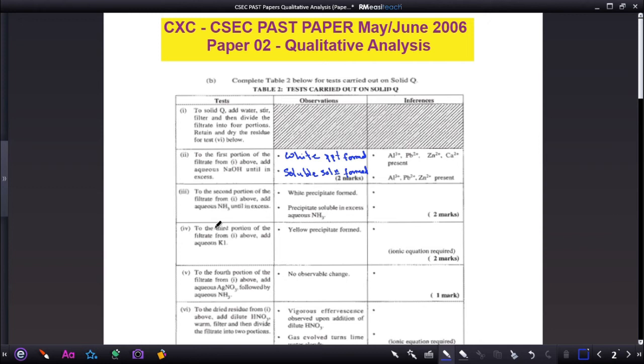So part 3, to the second portion of the filtrate from 1 above, add aqueous ammonia until in excess, and a white precipitate appeared. Now for dropwise, calcium is soluble in ammonia dropwise.